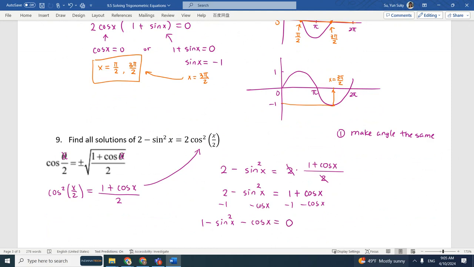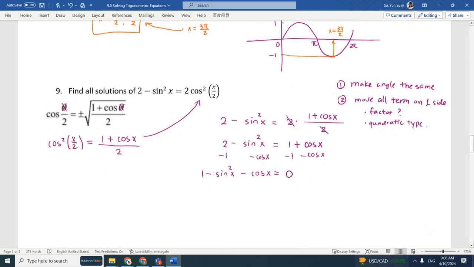This is our common rule: we want to move all terms on one side to see if you can factor. If you get a quadratic type, see if you can also factor it. But do you see we're not able to factor right now, and we have sine and cosine, two different types of trig functions.